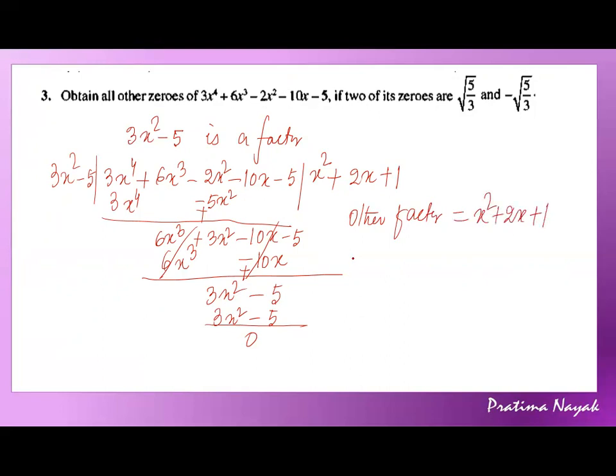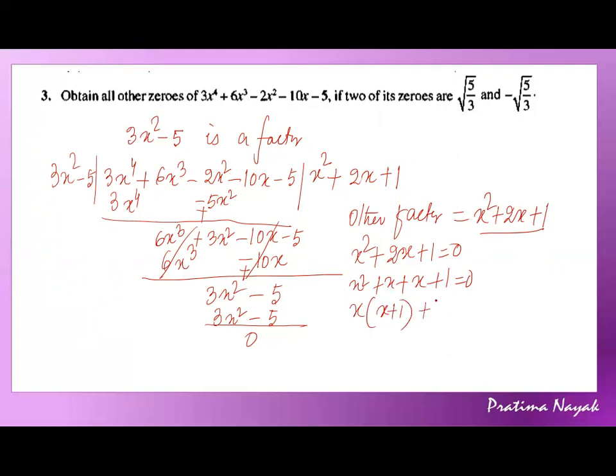So I'll split the middle term or I'll solve it by any method. This is equal to 0. x square plus x plus x plus 1 is 0. Since it is a quadratic polynomial, it has two zeros. So I am getting it by splitting the middle term.